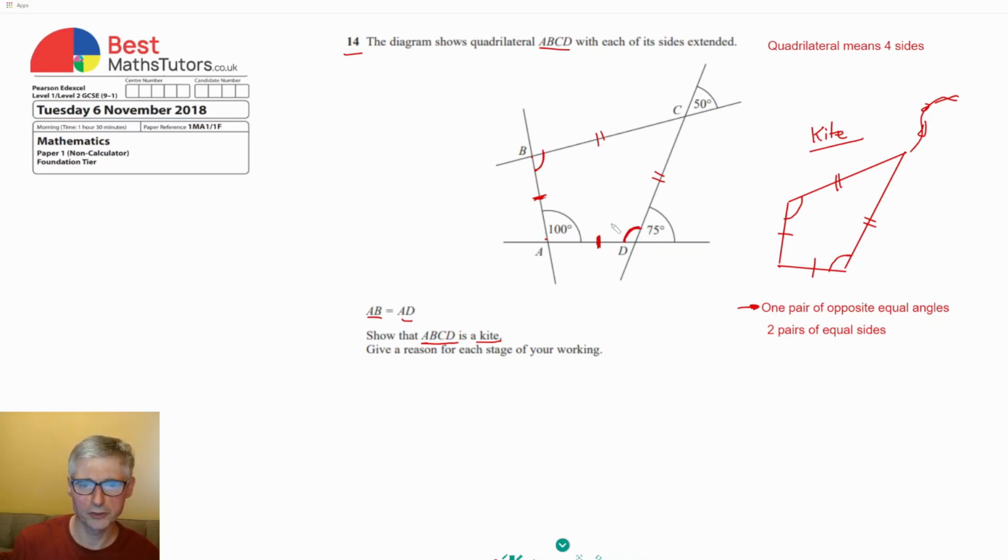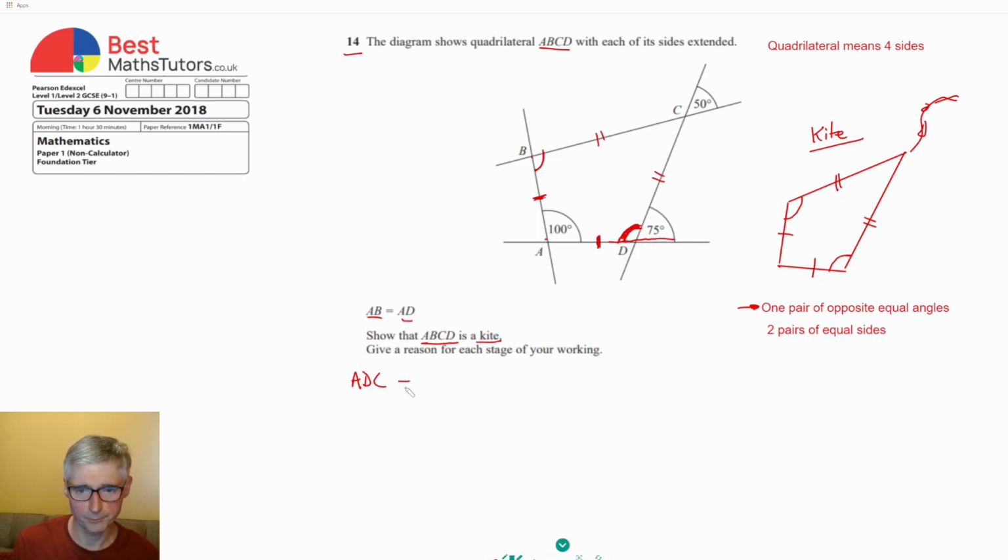So the first thing I'm going to do is try and find this angle here, this one I've indicated, which if I use three letters to represent that angle is ADC, with the letter in the middle being where the angle is. Now ADC is going to equal, and if I look at this, it's on a straight line, so ADC plus that 75 must make 180 degrees.